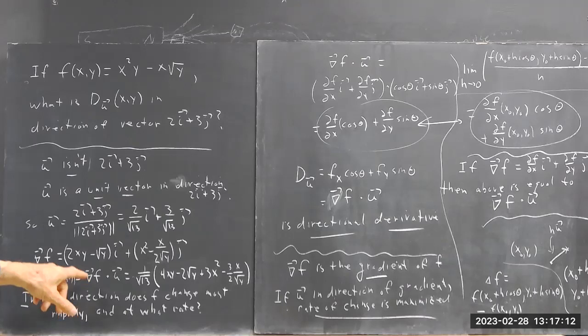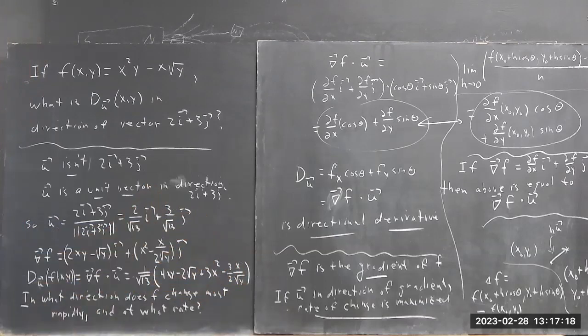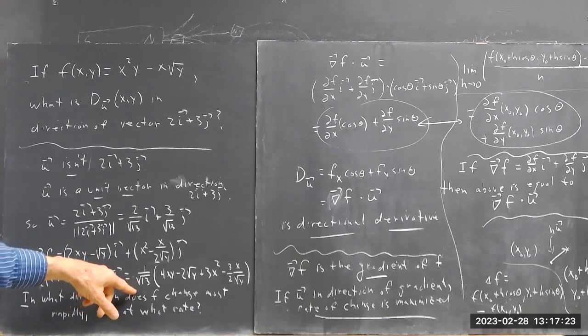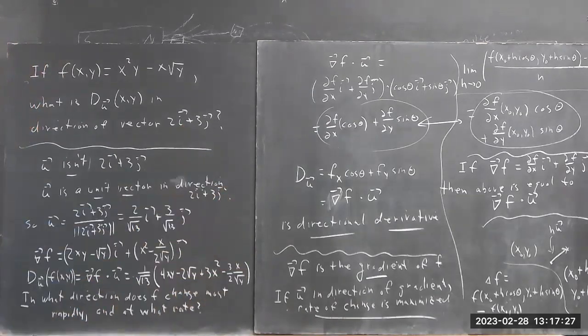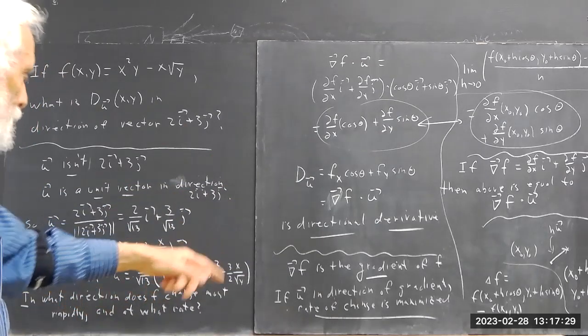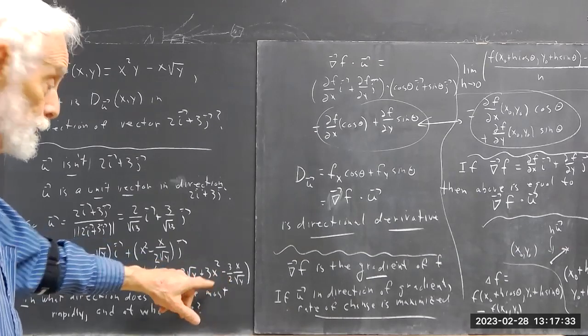And then we just do the dot product of del F with u. I just wrote it out because everybody, I think, did it correctly. I just factored out the 1 over square root of 13 and then did the rest proportionally. So what do you get? If I did it right and you did it right, you should agree.